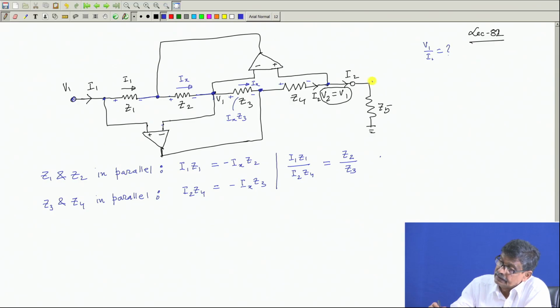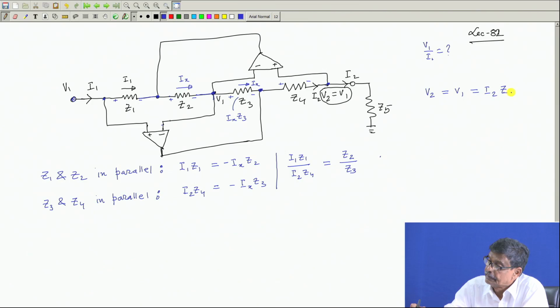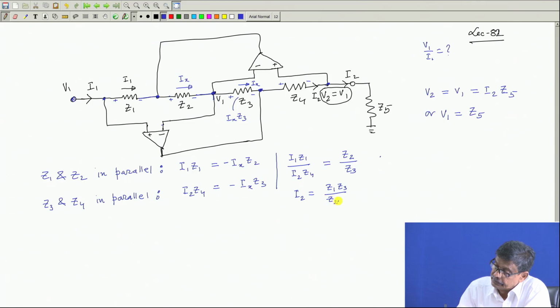Now, you see, look at this loop. V2, which happens to be equal to V1, will be equal to I2 into Z5, or V1 is equal to Z5 into I2, and this I2 I will express in terms of I1, which will be Z1 Z3 divided by Z2 Z4 into I1.